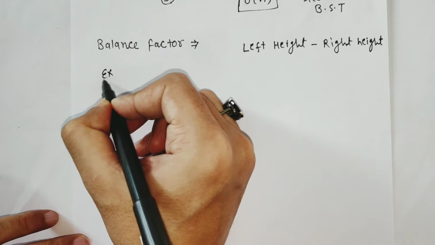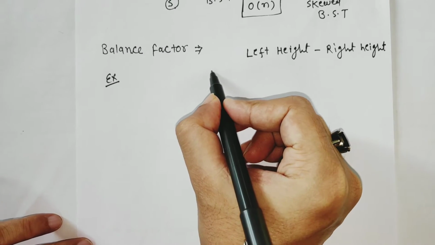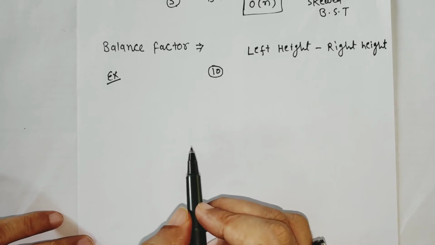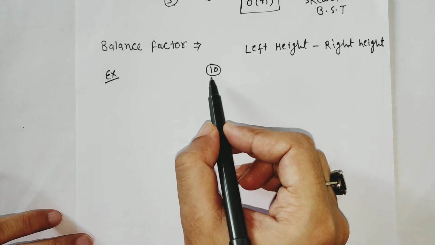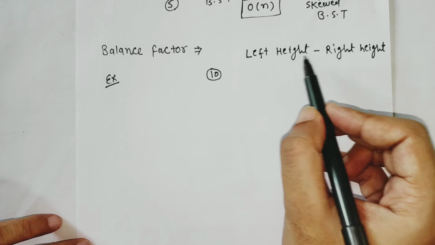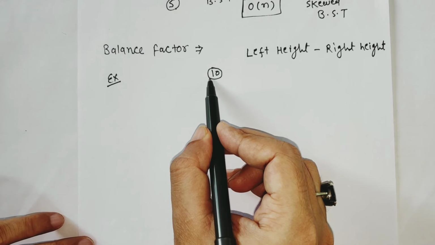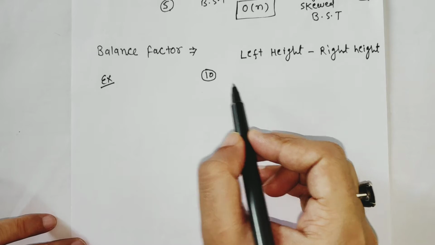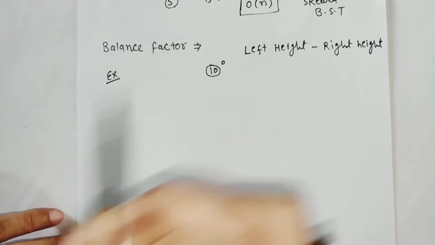So example, suppose we have single node 10. It is a binary search tree because it is a single node. Now if I want to find out the balance factor of this node, then I will find the left height minus right height. So for this node, left height is 0 and right height is also 0. So the balance factor is 0 for this node.